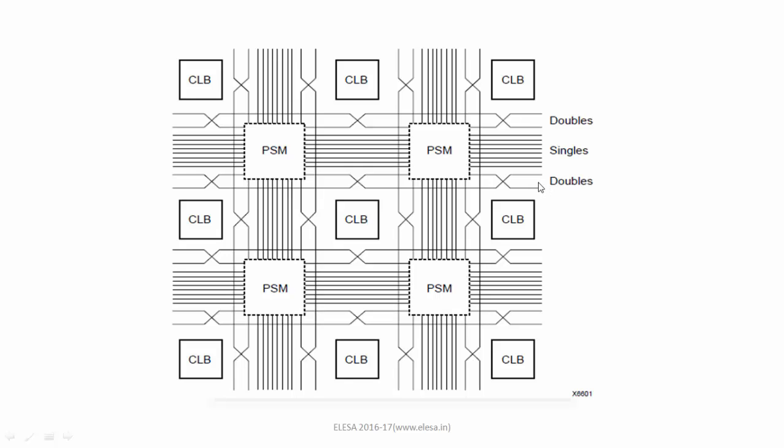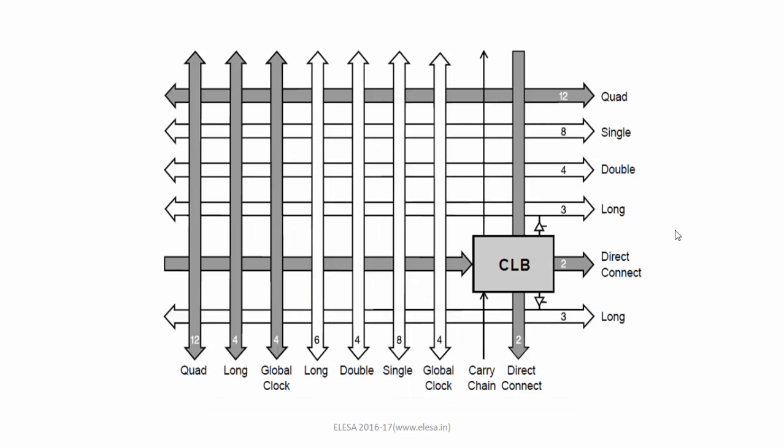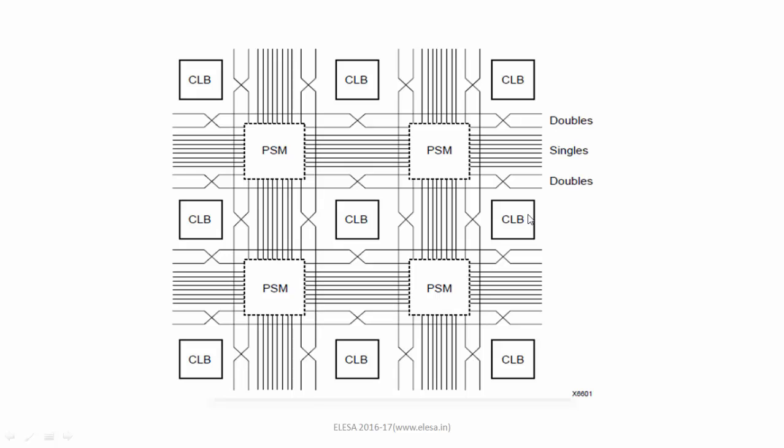That's why we use the double. And one more type is the long, which is not shown in this figure, but this long can travel a longer distance. You can see in this figure, the long can travel the longer distance passing the CLBs without going into the programmable switch matrices.